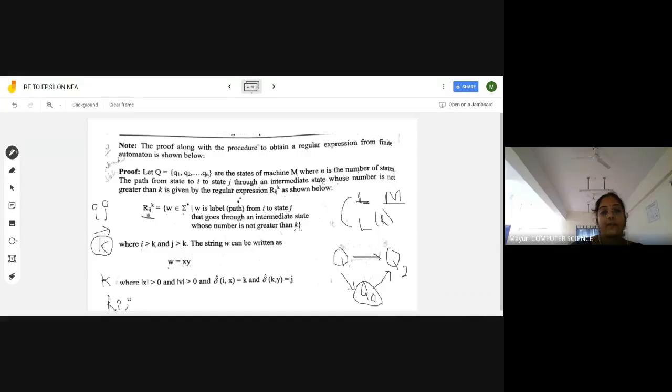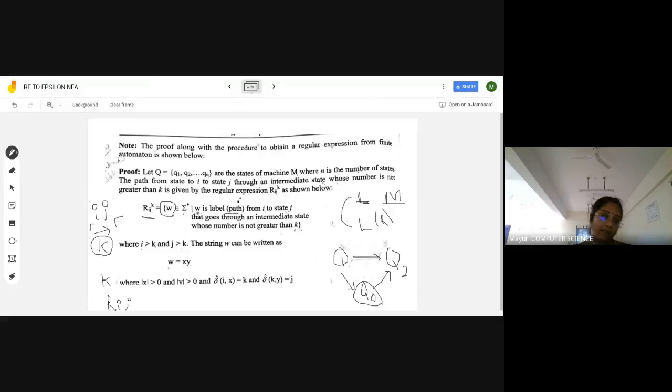Anyhow, when you travel from I to J, your starting state is I, your final state is J. When I am traveling from my starting state to the final state, I will be accepting some string, right? This is the path, where that string is nothing but the path. The language accepted when you travel from the first state to the last state is the string.